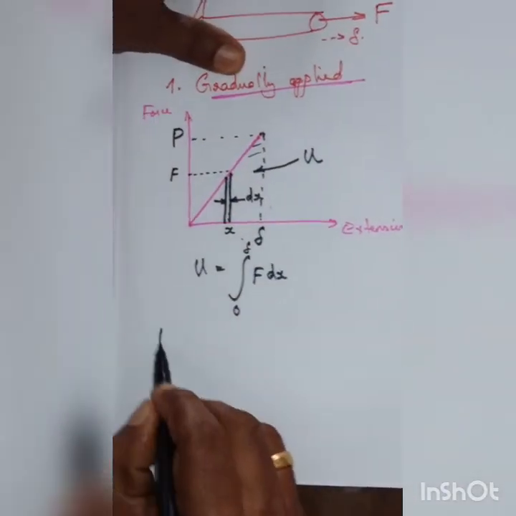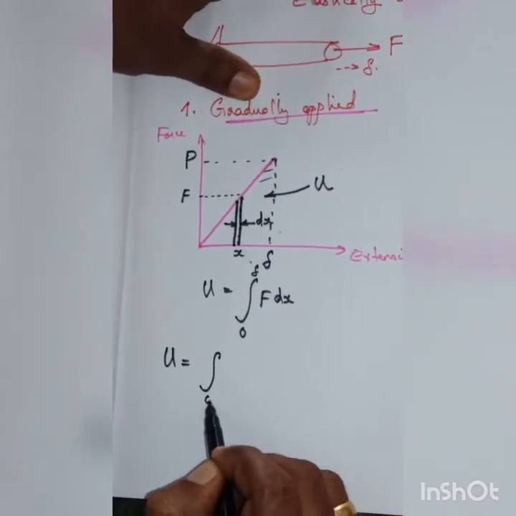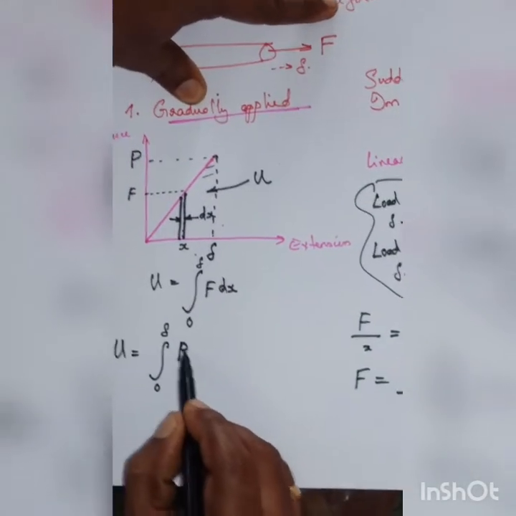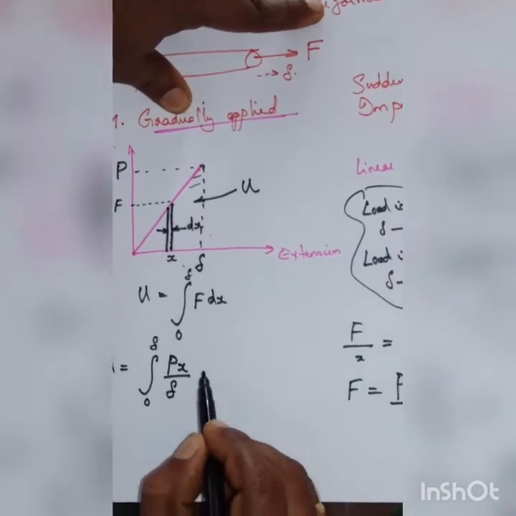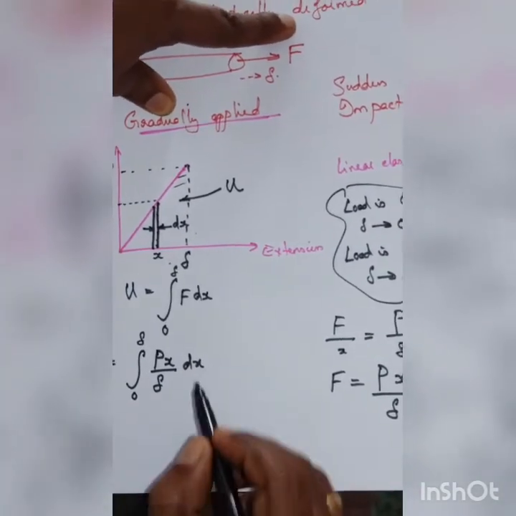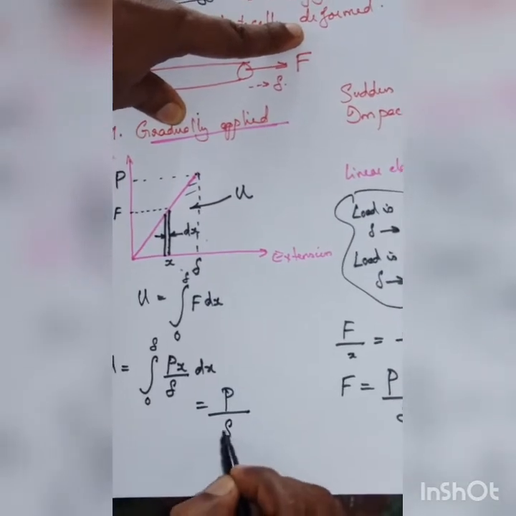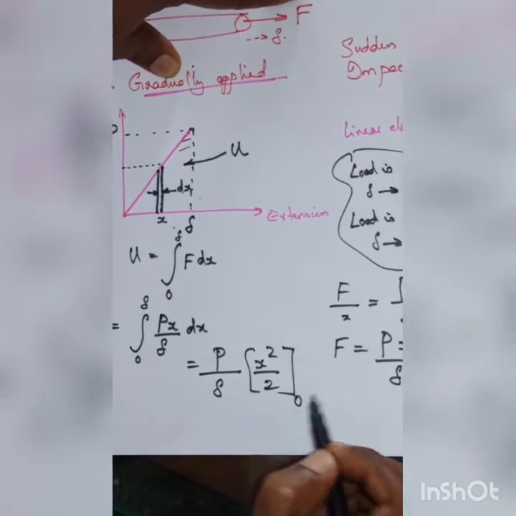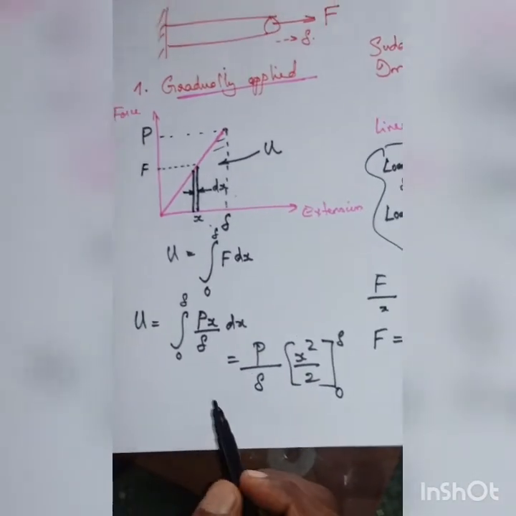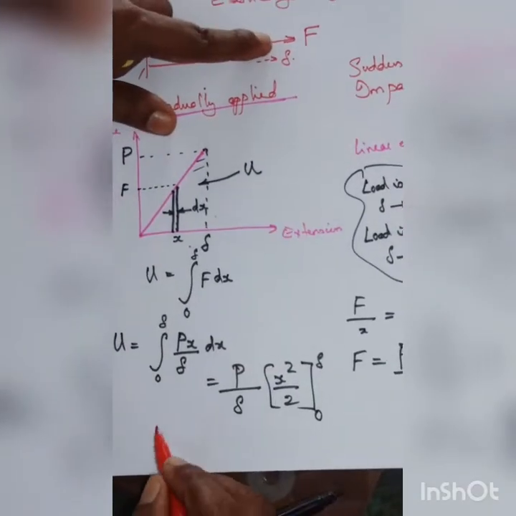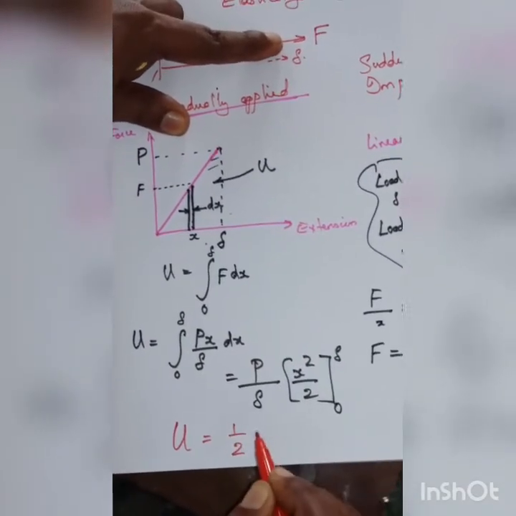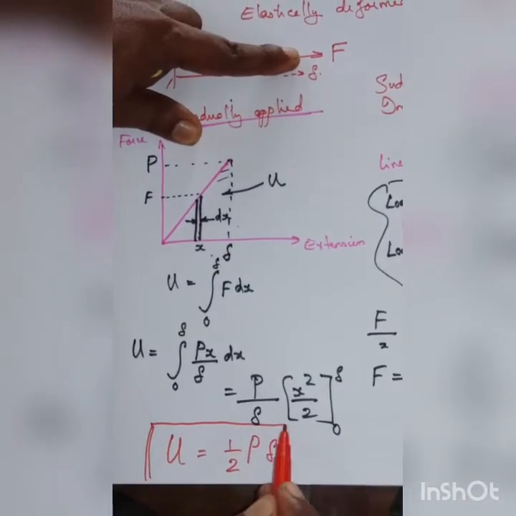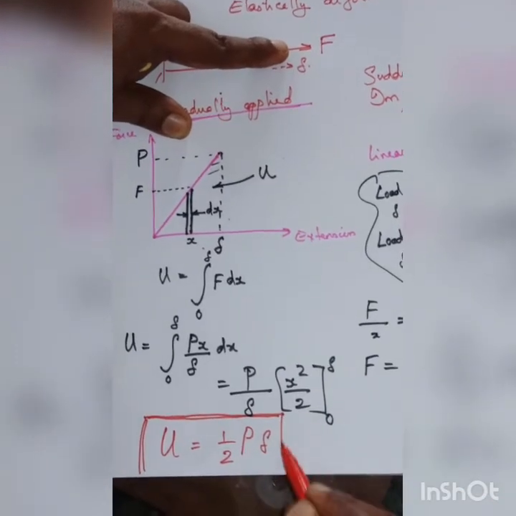When you integrate, U is equal to the integral from 0 to delta of P x by delta dx, that is P by delta times x square by 2, with limits 0 to delta, which gives U equal to half P delta. This is the equation for strain energy for a gradually applied load.